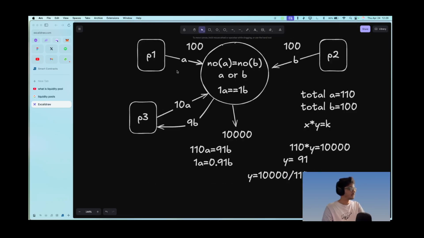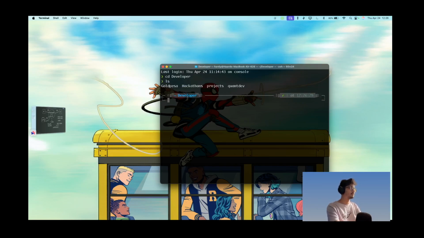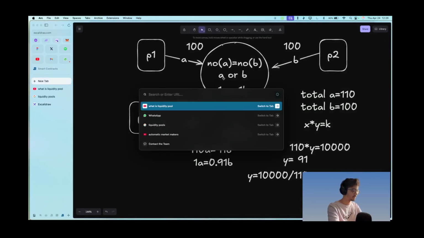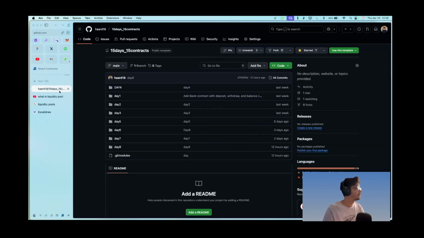So let me just spin up a terminal and we can then get to this. It's here, so let me take this here. CD developer, CD 15 days. Oh, we don't have it. So all the code here is present at this repository, which I link to in every video.